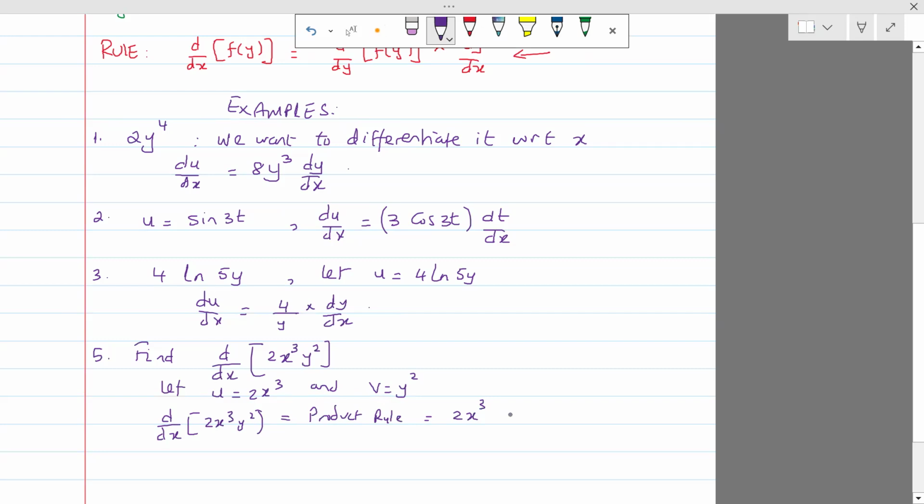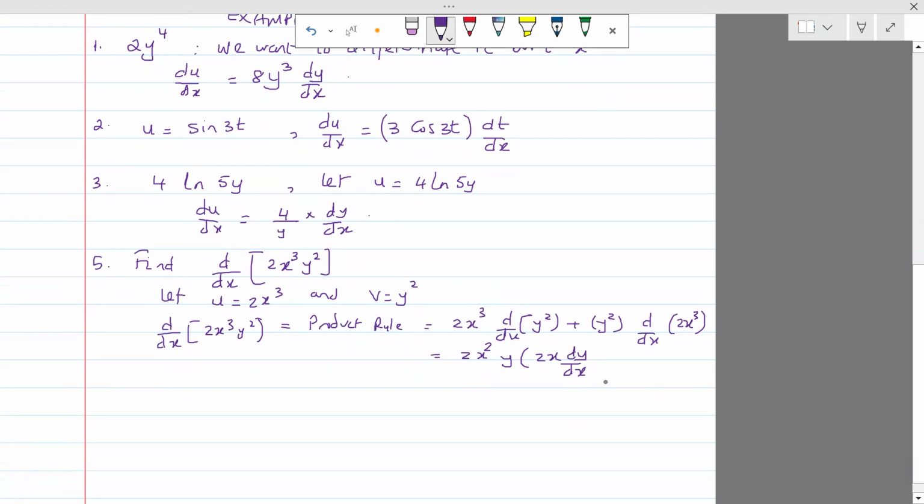So 2x cubed times the derivative with respect to x of y squared, plus y squared times 6x squared, giving 4x cubed y dy by dx plus 6x squared y squared.